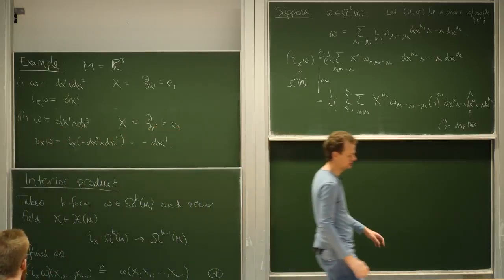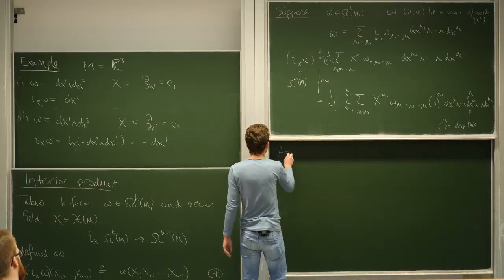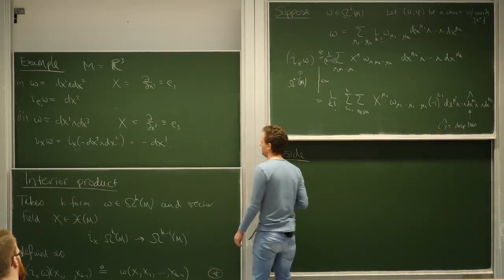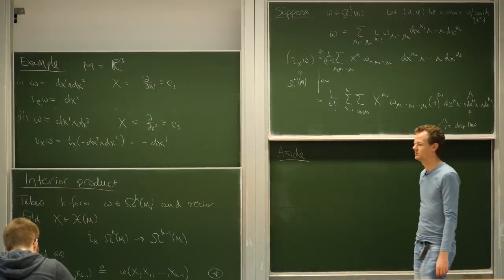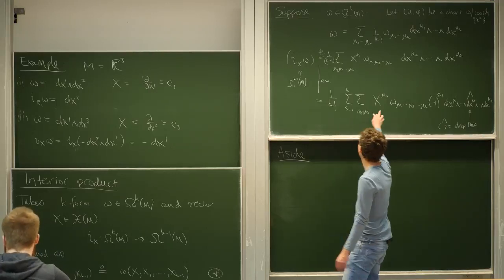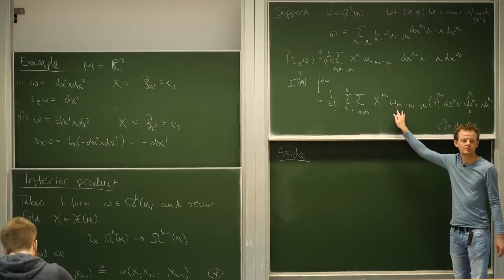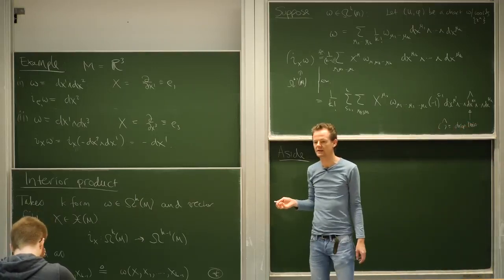I'll take an aside now to discuss a pictorial representation of these kinds of manipulations. So in differential geometry and symplectic geometry, you have to do multilinear algebra here and there. For example, here we're doing multilinear algebra. We're contracting tensors with numbers of indices.